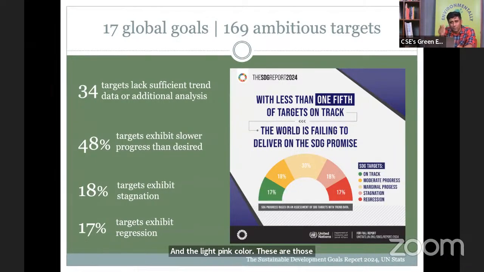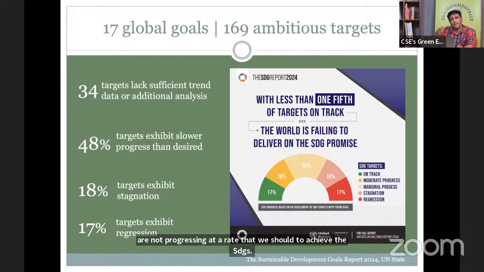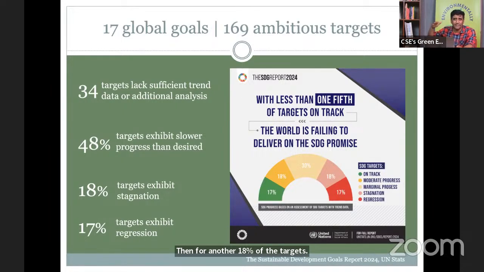We are not progressing at the rate that we should to achieve the SDGs. Then for another 18% of the targets, the world has in a way stagnated. And the stagnation started after the pandemic, and even now, the stagnation persists. So maybe we had made some progress, maybe we had not, but whatever it is, right now, the world is not progressing in them.